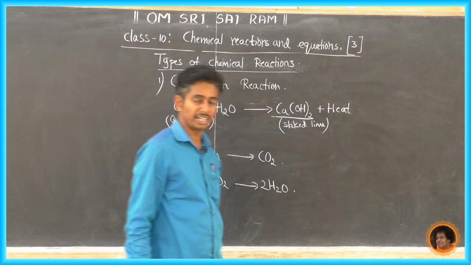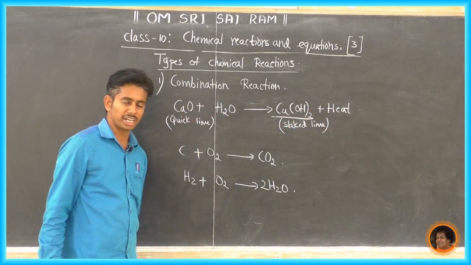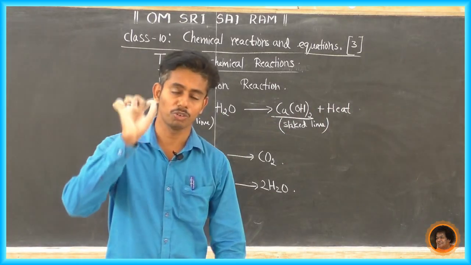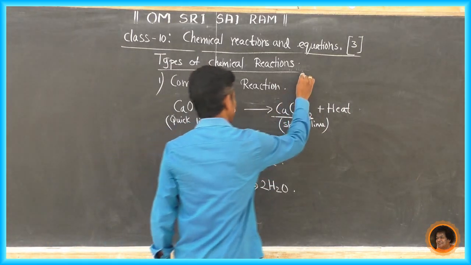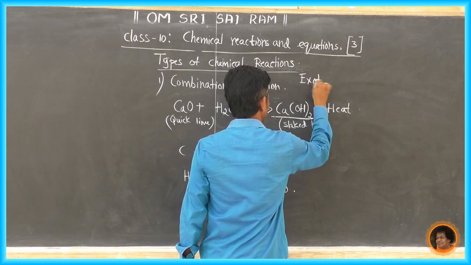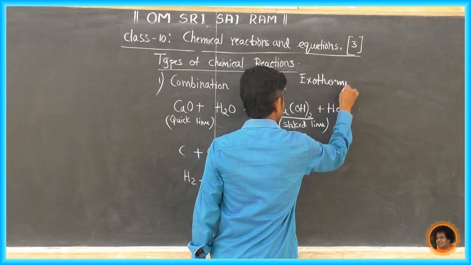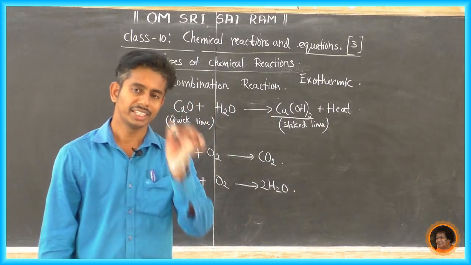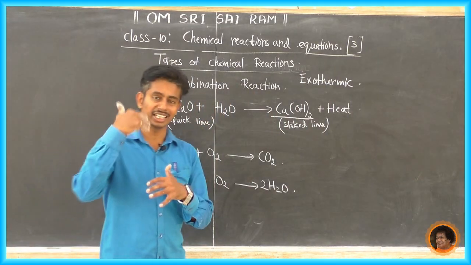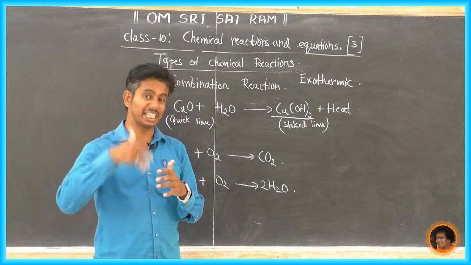Heat is generated. So every combination reaction which liberates heat, therefore this reaction is called exothermic. Very, very important concept. Exothermic reaction. What do you mean by exothermic? Exothermic means in a chemical reaction, heat is generated, heat is liberated, heat is produced.